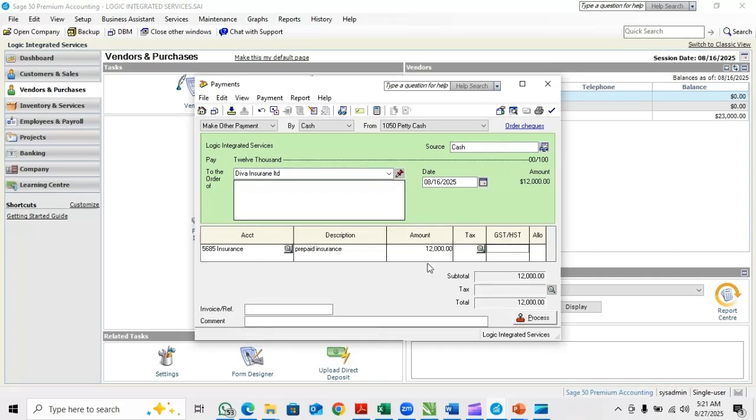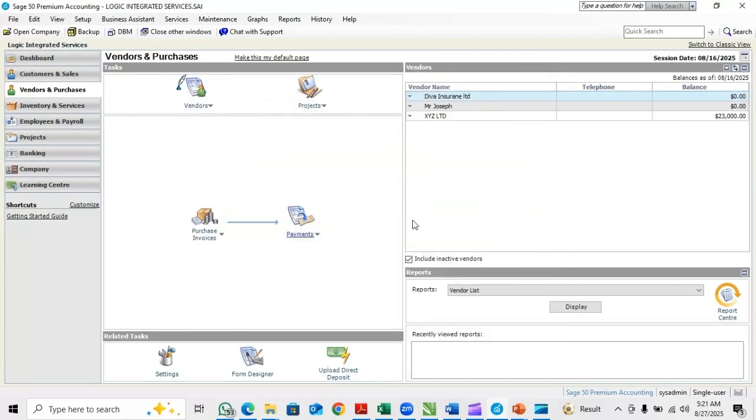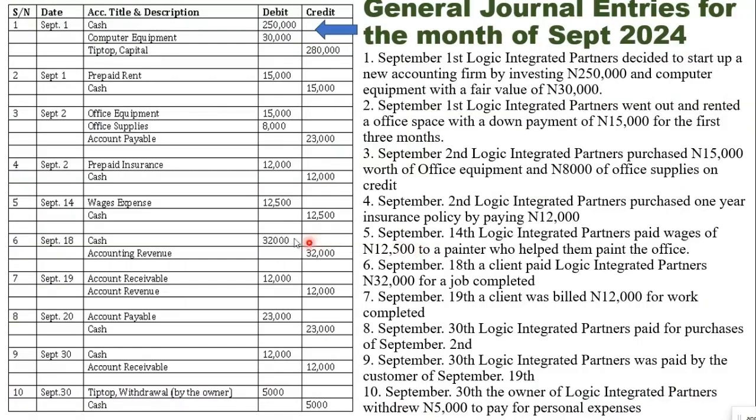So this is it. The insurance account is being paid through our 1055, which is the cash in bank. So you process the transaction, and the next transaction is number 5, September 14.